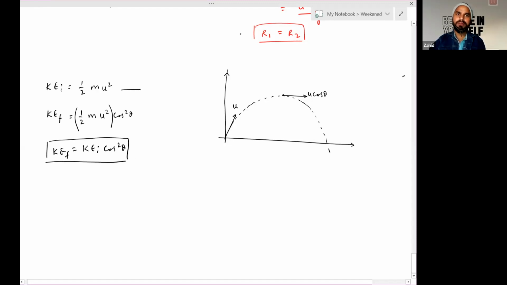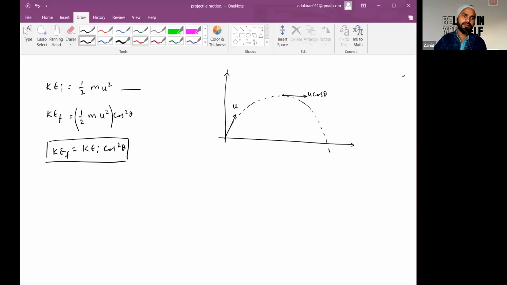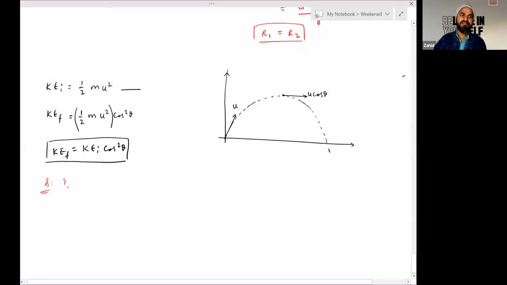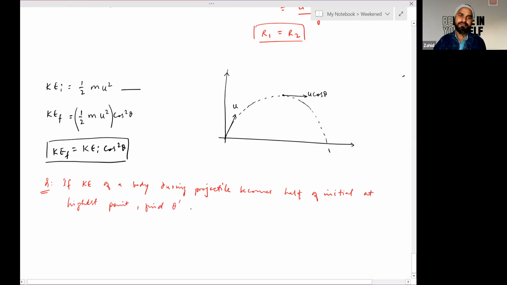Now there will be a question related to this. If the kinetic energy of a body during projectile becomes half of its initial at the highest point, then find the angle of projection.